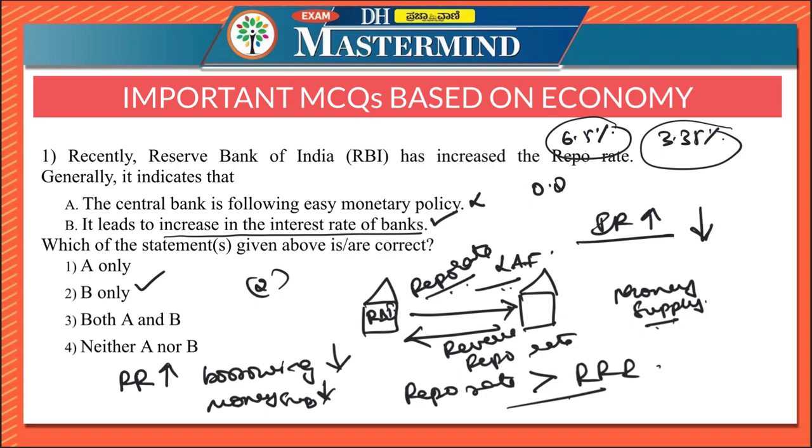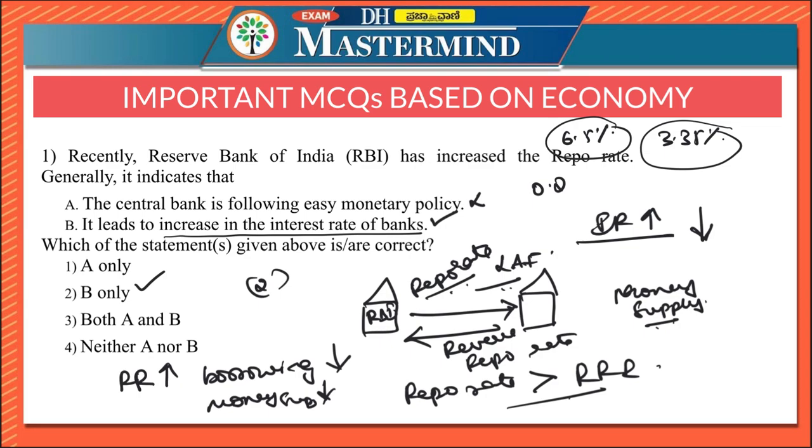On the other hand, when the repo rate decreases, there will be more borrowing from the customers, and as there is more borrowing, people have more money in their hand. As there is more money in their hand, there will be huge demand in the market. So this is part of expansionary monetary policy.